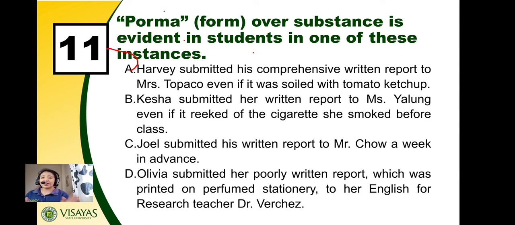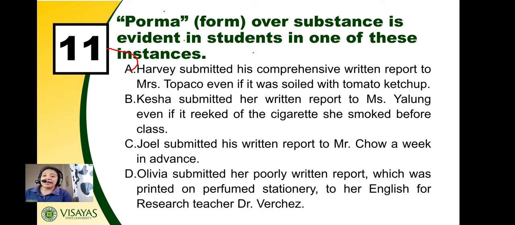So, let's start with letter A. Letter A, Harvey submitted his comprehensive report kahit natapunan na yon ng tomato ketchup. Well, that is not form over substance kasi comprehensive yung written report and hindi niya consider yung physical appearance ng output na ipapasa niya. So, that is why letter A is not an evidence of form over substance. Okay?